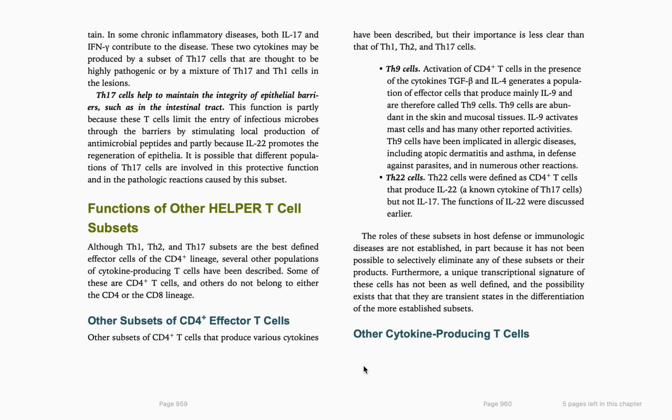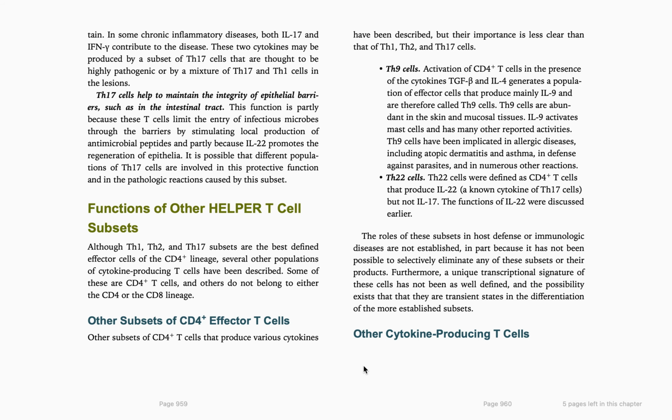The role of this subset in host defense or immunological disease is not established, in part because it has not been possible to selectively eliminate any of these subsets or their products. Furthermore, a unique transcriptional signature of these cells has not been well defined, and possibly they exist in a transient state in the differentiation of a more established subset.